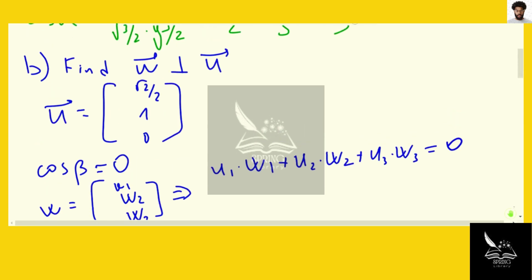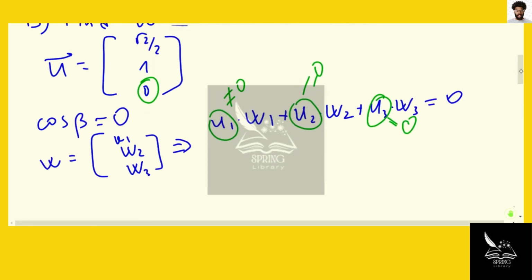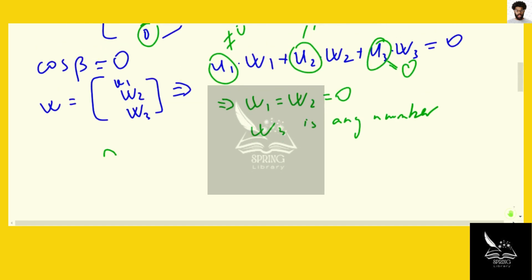So u3 equals 0, and the other components of the first vector are non-zero. Therefore, to meet this condition, w1 and w2 are 0, and w3 can be any number. So that's why any vector which looks like 0, 0, w3 is perpendicular to vector u.